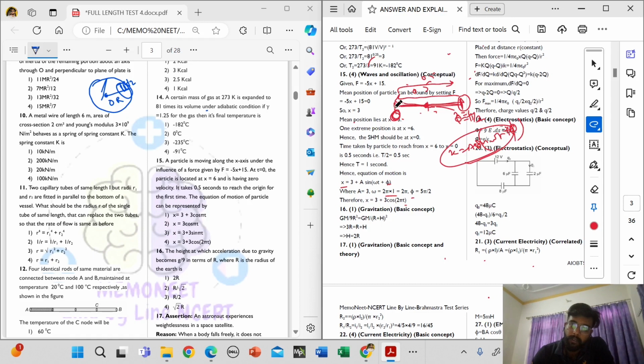So at the mean position, x minus 3 is equal to amplitude A sine omega t plus pi by 2, where pi by 2 is the phase difference. So x is equal to 3 plus 3 sine of 90 degrees plus theta, that will be equal to cos. This is our equation of motion.